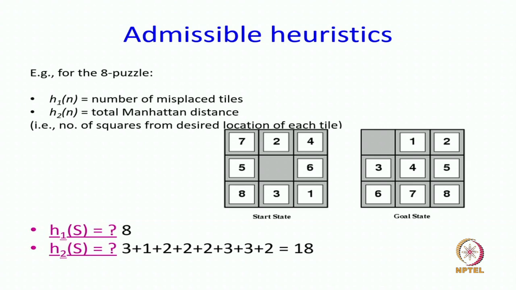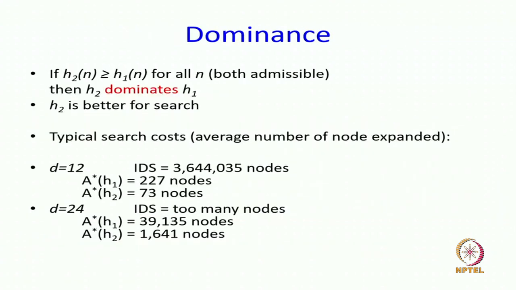Therefore, overall we can say that H2 will always be greater than or equal to H1. And if H2 is always greater than or equal to H1, and if they are both admissible, that means H2 is quote unquote more informative than H1, and the technical term for this is H2 dominates H1. Like if I have H2, I do not need H1, right.